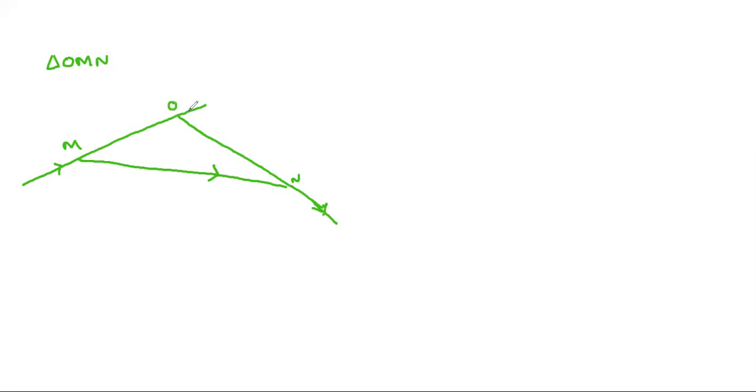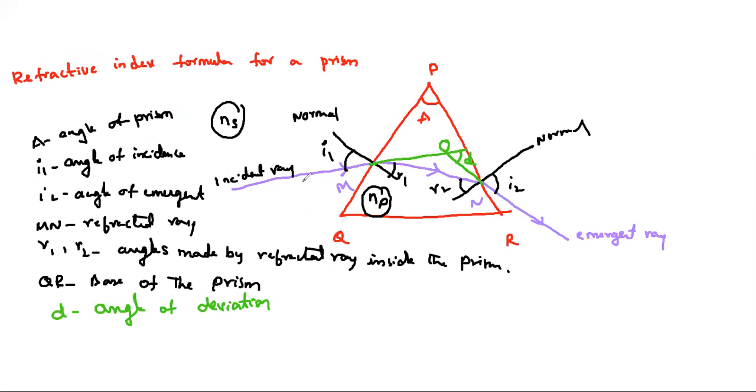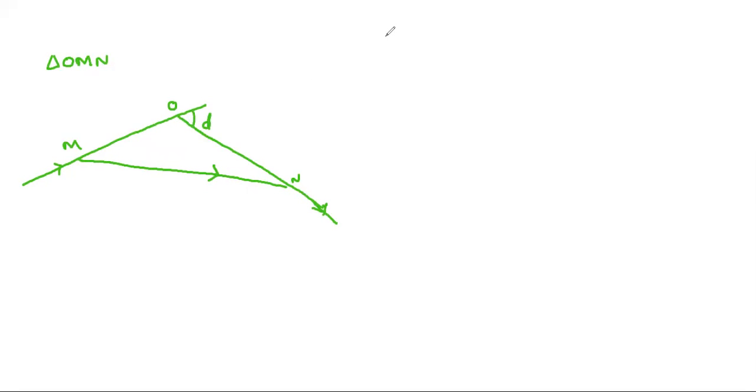So here you got the O, here you will get the D. See, if you observe here, if you extend the incident ray and emergent ray, they will meet together at point O. And one more thing, I am also drawing normals here. If you consider normal, it will be this one, at N it will be this one.